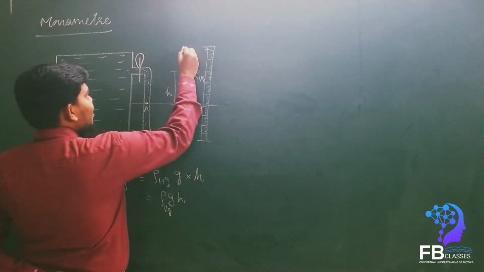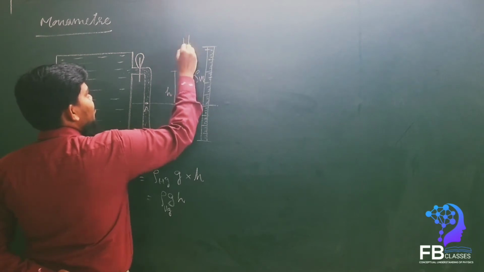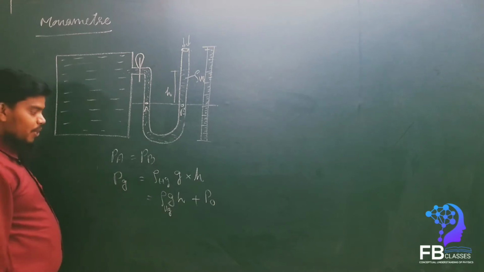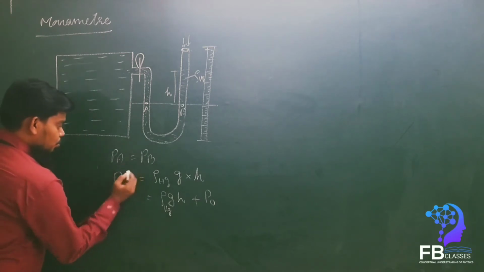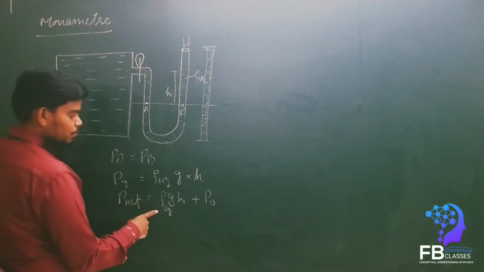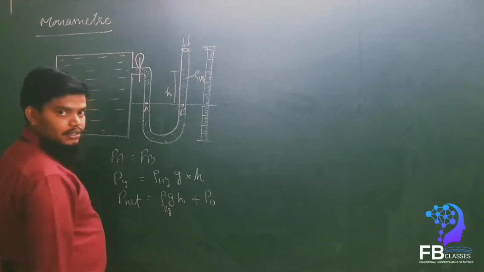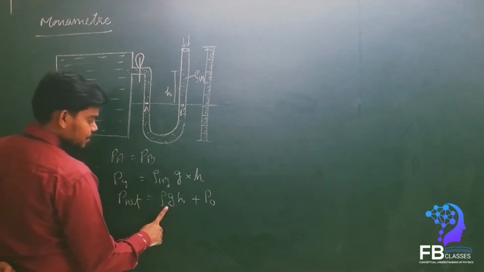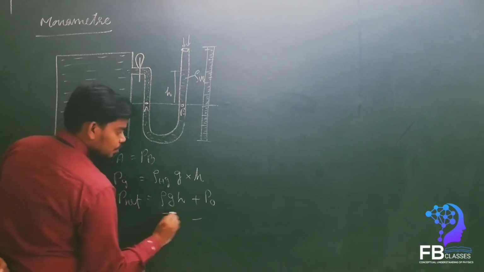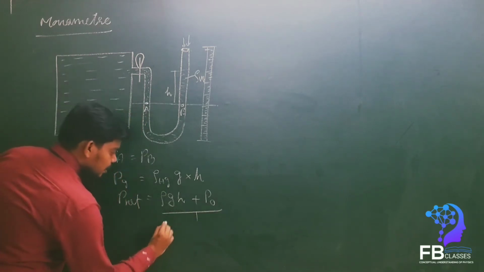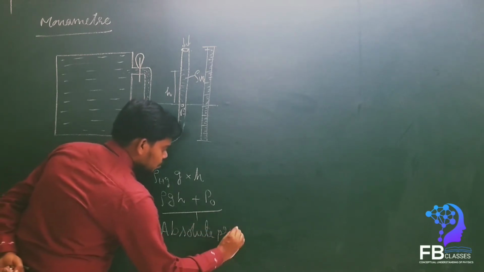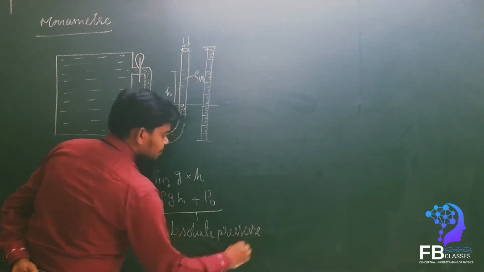Now this is an open end, so the atmospheric pressure will also act here, so that's why we take P naught. Are you getting my point? So P net is equal to rho gH plus P naught. This total pressure is called the absolute pressure.